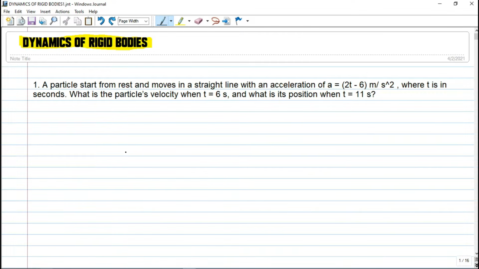Okay, so let's write the concept of acceleration. Acceleration is the derivative of velocity with respect to time. Then our velocity is actually the derivative of distance s with respect to time. So these are the two concepts that we need in this problem.